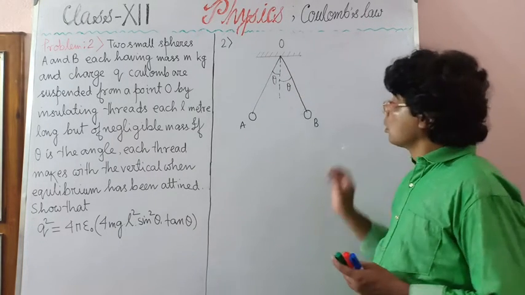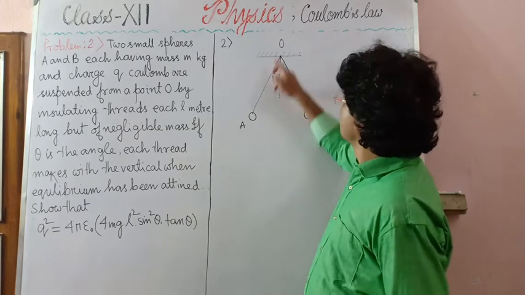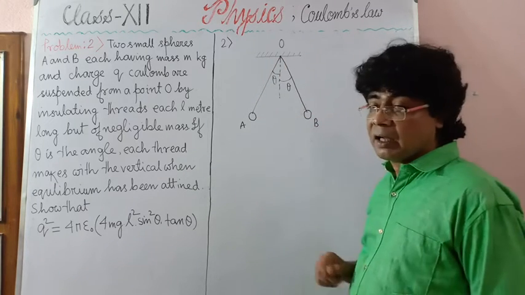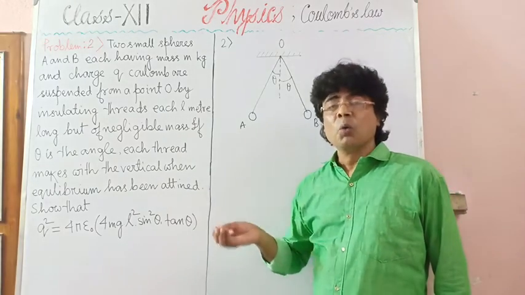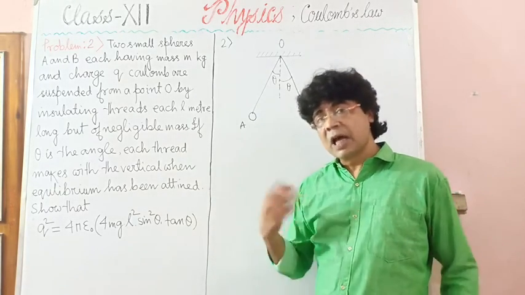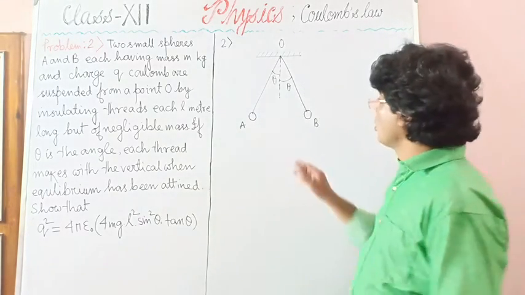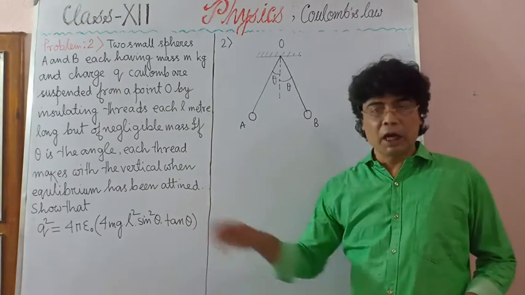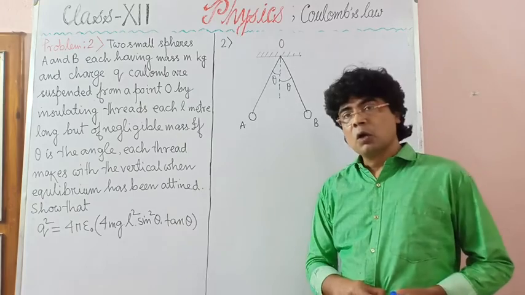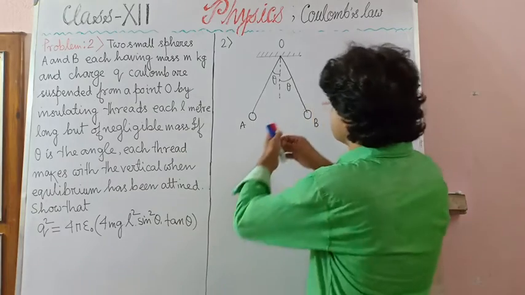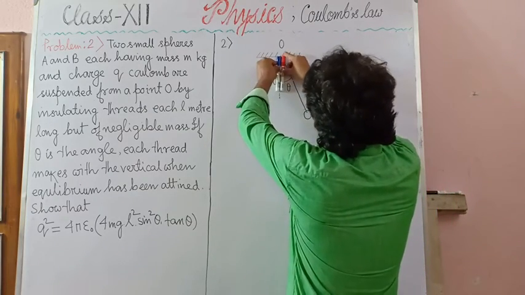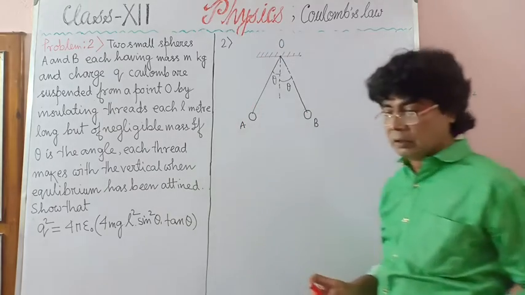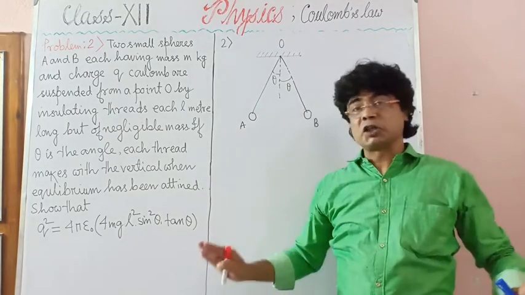Now, why do these two threads make an angle theta with the vertical? Suppose both the spheres have no charge, then what will be the situation? The situation will be this, and they are now charged.